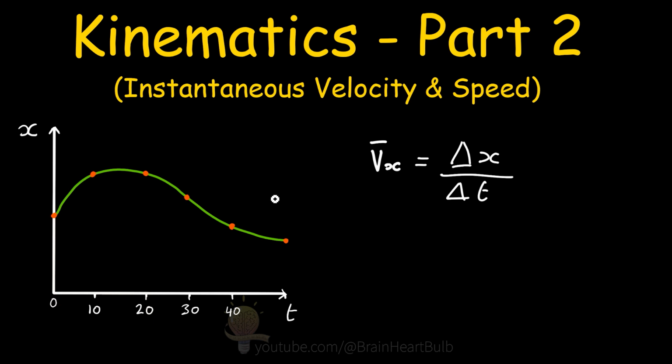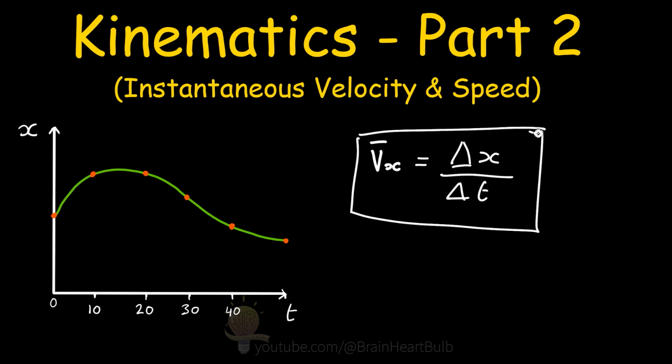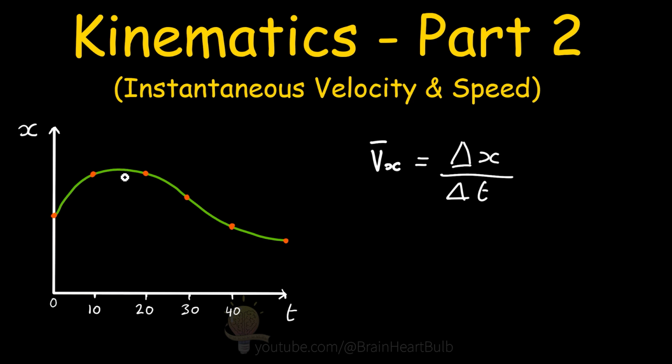So this equation here cannot tell us what the speed or the velocity might be at this location here. And when we're measuring the motion of a particle throughout time, we're doing so at fixed time intervals. So here we're doing it every 10 seconds.